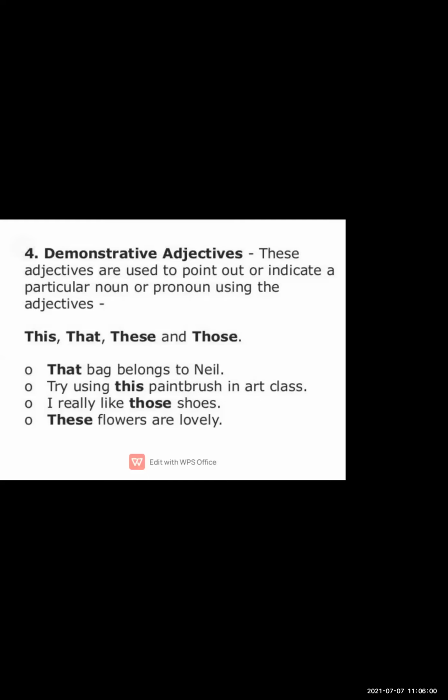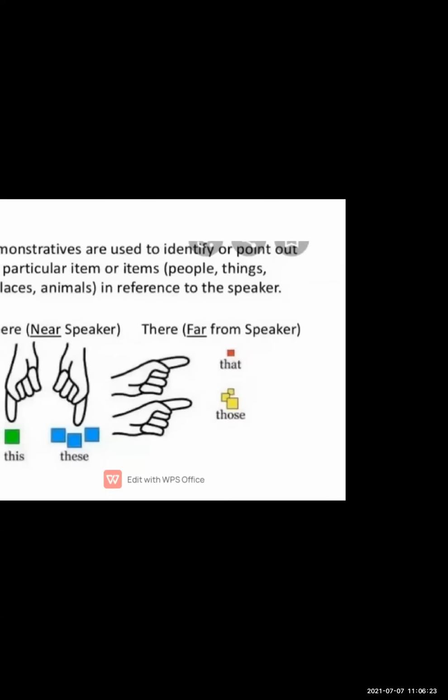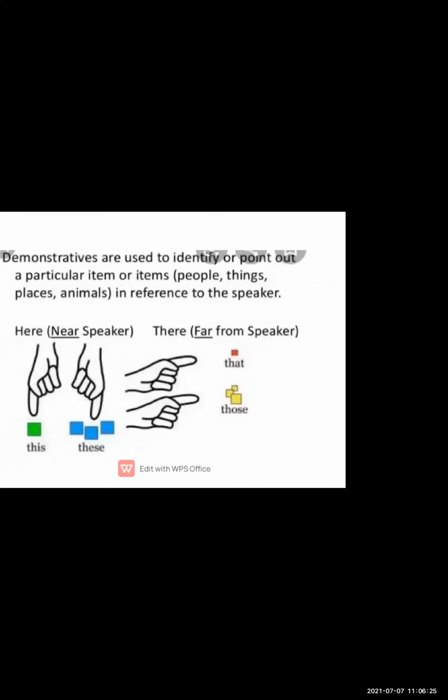So that, this, those, these, all these things come under the demonstrative adjective. Demonstrative adjective means what? If you point out the noun, that is called a demonstrative adjective. This, that, these, those.